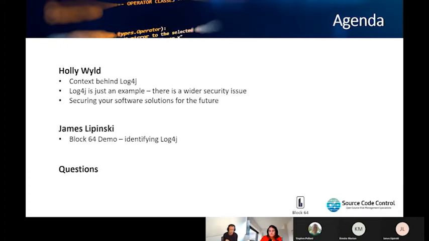And the second half, as I said, James is going to give a demo of what Block 64 do to help manage that situation. Now, if you have any questions, please post them in the chat and we'll deal with those questions at the end of the session. So Holly, over to you.